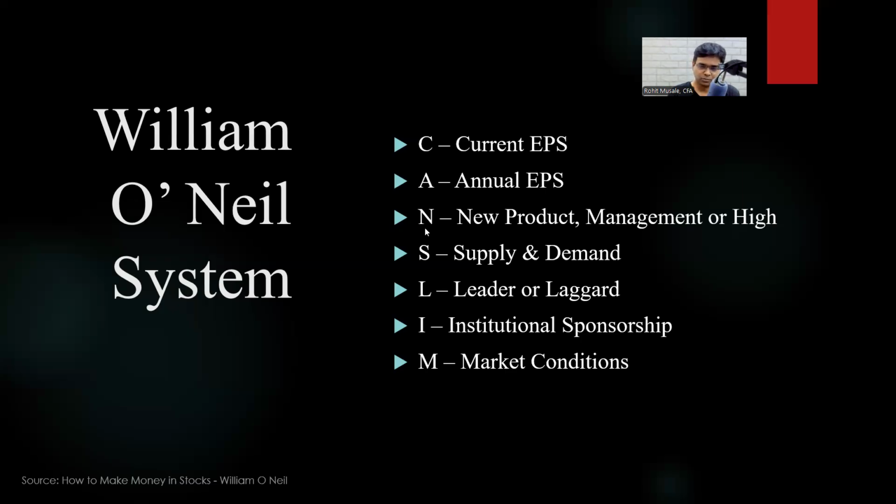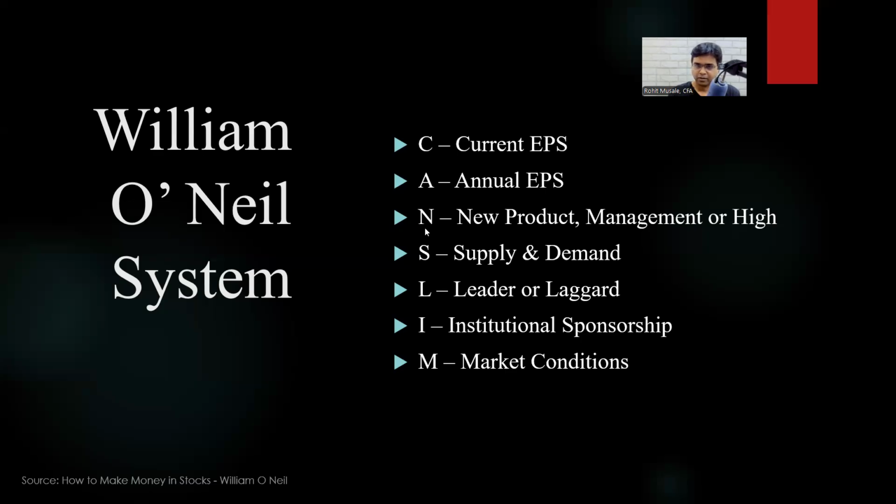Why not just put a question to ChatGPT asking whether the company meets the CAN-SLIM criteria? You can ask that question directly, or you can ask ChatGPT, has the company recently launched a new product, or is there new management that has taken over the company? Just ask the question to ChatGPT and see what you get.